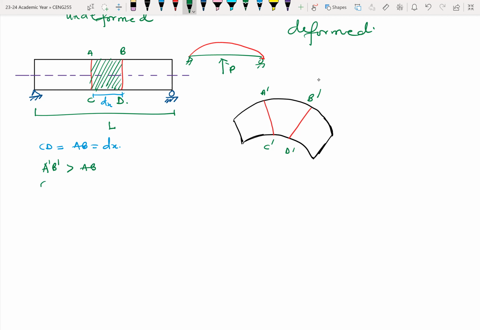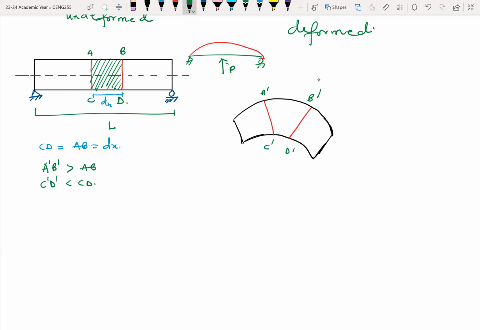Okay. Then C prime D prime is less than CD. Okay. So if you have a beam or any thick material and you bend it upwards, what happens is that the portion close to the top would elongate and the portion close to the bottom will contract.